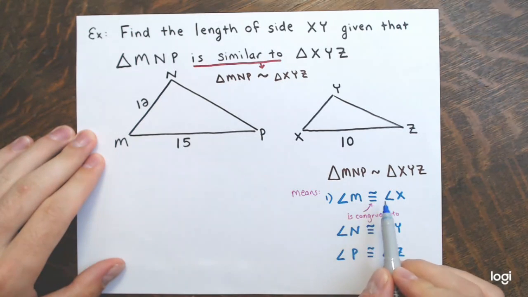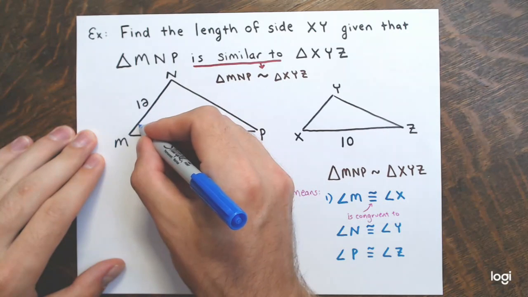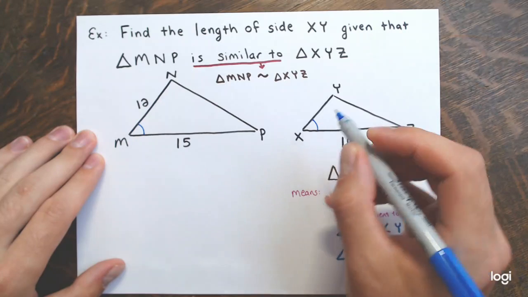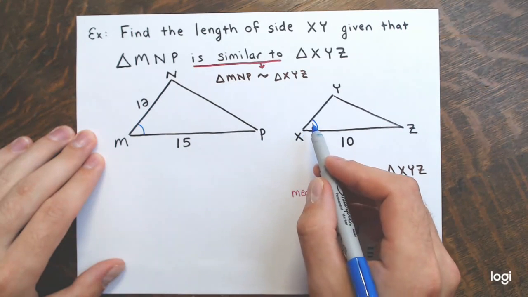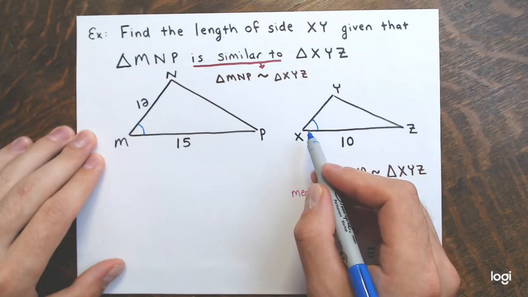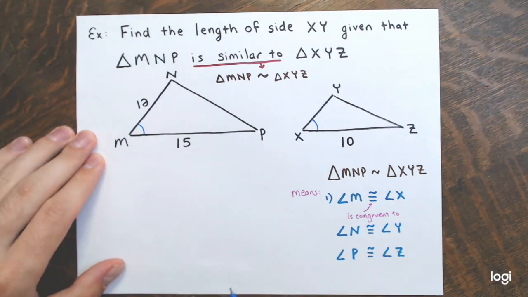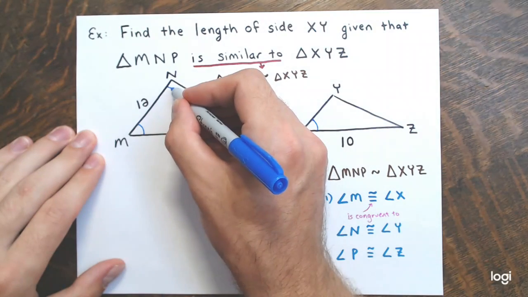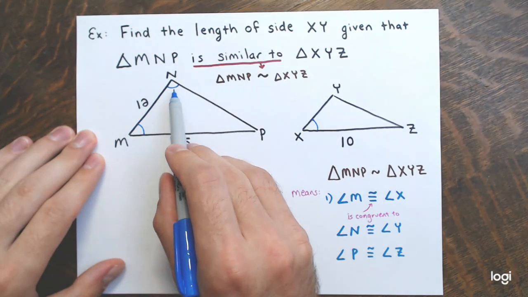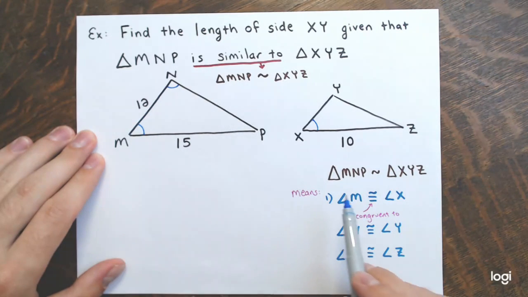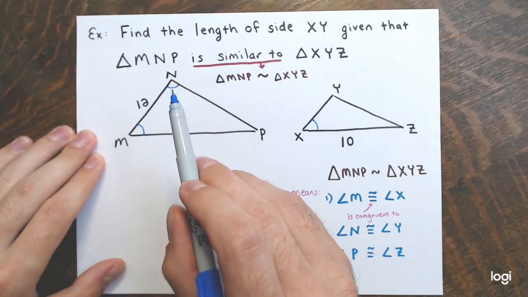So if angle M and angle X are congruent, in my picture they might put a little arc mark on angle M and on the angle with vertex X, to show that these both have a single arc mark, so they're congruent. And to show that angle N is congruent to angle Y, I'm not going to put a single arc mark again, because that would imply it's also congruent to M, but nowhere am I stating that angle N and angle M are the same.